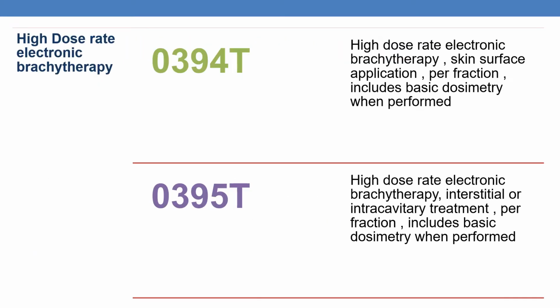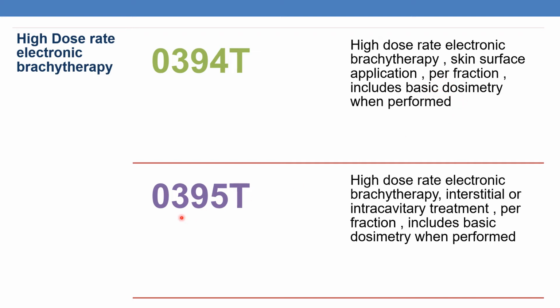Now, coming to the CPTs of high dose rate electronic brachytherapy. They are 0394T and 0395T. Coming to the description of 0394T, it is high dose rate electronic brachytherapy skin surface application per fraction including basic dosimetry when performed.